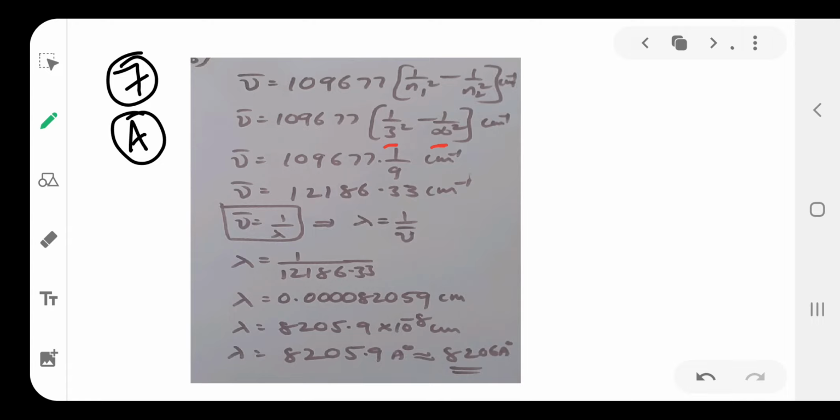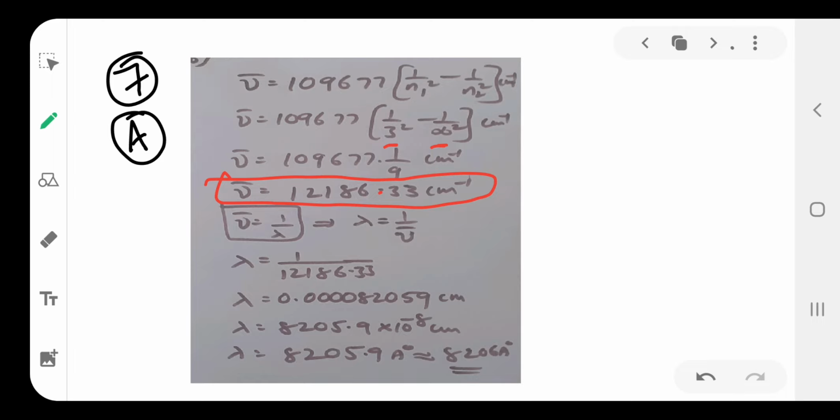Then 109677 into 1 by 9. Its total value, mu bar, is 12186.33. Then mu bar is equal to 1 by lambda, because we have to find the wavelength, not the wave number. The wavelength lambda is equal to 1 by mu bar.